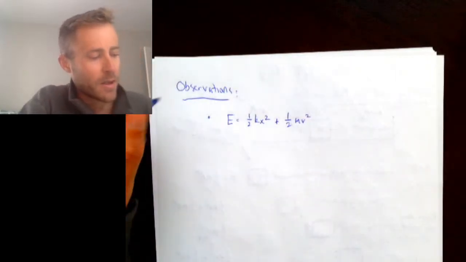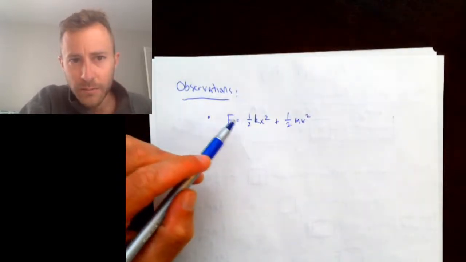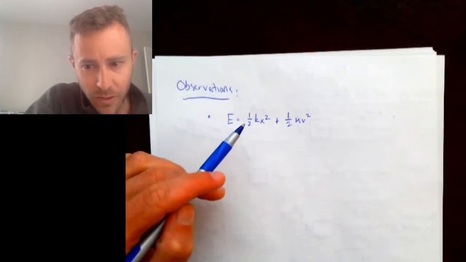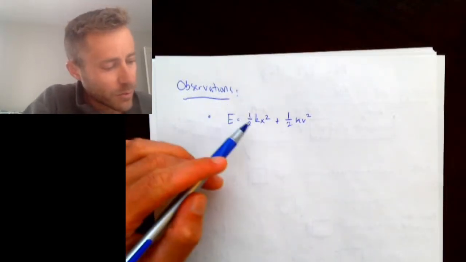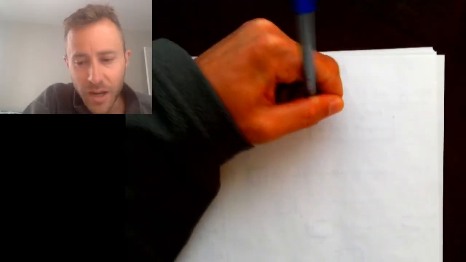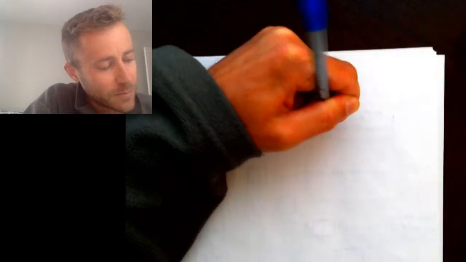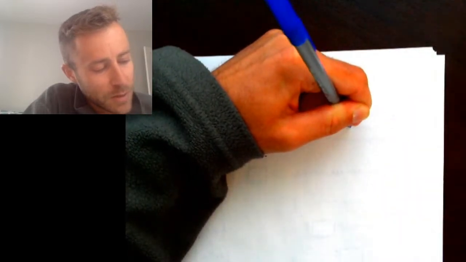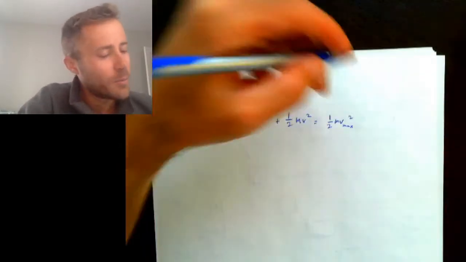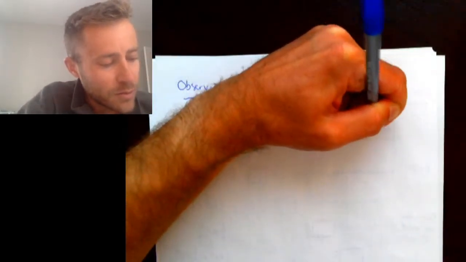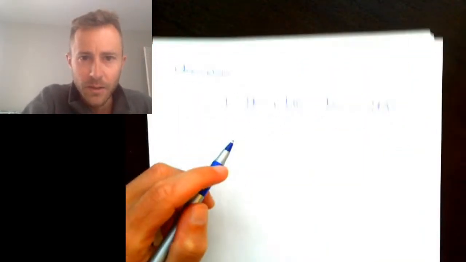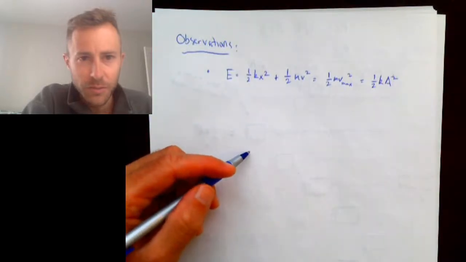Depending on when in time we choose to evaluate the energy, we could find that at a particular moment we have both, or we could find that we have all kinetic if it's passing through equilibrium, or we could find that it's all potential if it's at one of its extreme points. But all three of these are equal because energy is conserved.